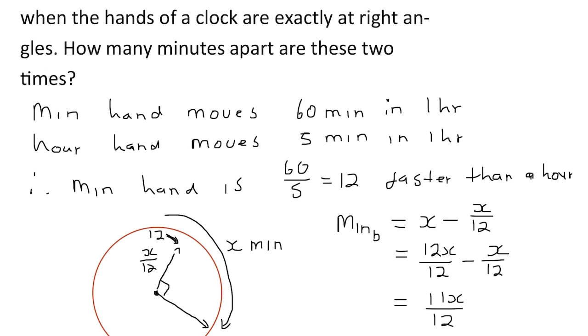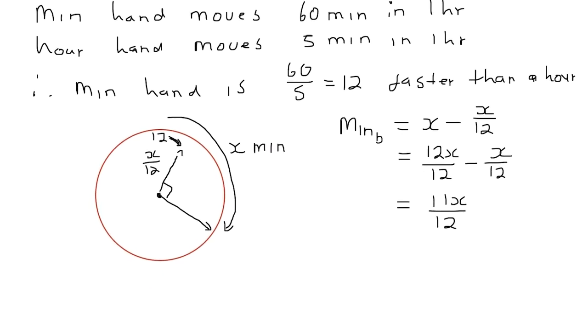So what this means is, at any point, we can define the minutes between the longer hand and the shorter hand, or the minutes between the minute hand and the hour hand, as 11x over 12, depending on how many minutes the minute hand moved.